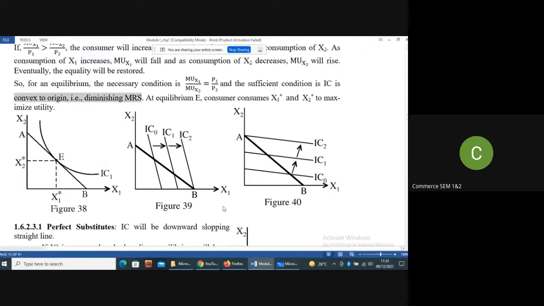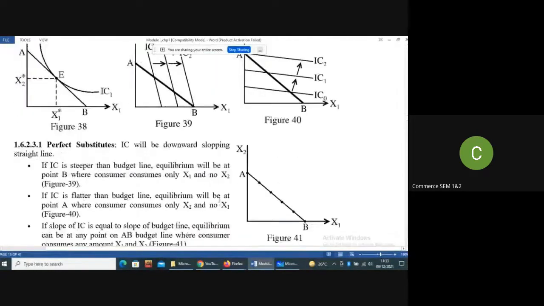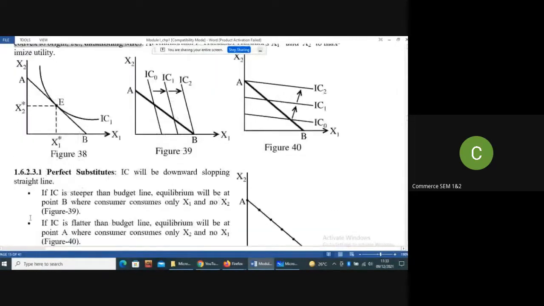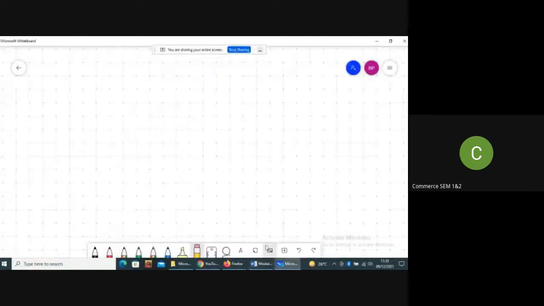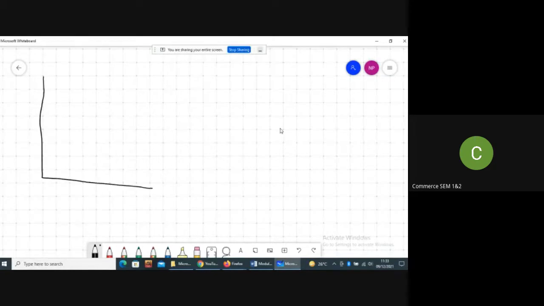Now come to some special cases, perfect substitutes. As I said, in case of perfect substitutes, the indifference curves are downward sloping straight lines. Now, depending on the slope of the straight line, the equilibrium point can differ. So let me draw first.